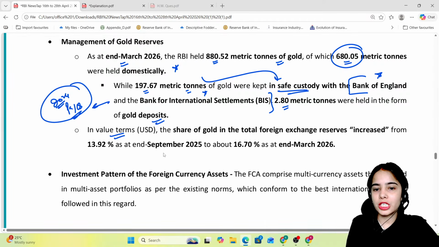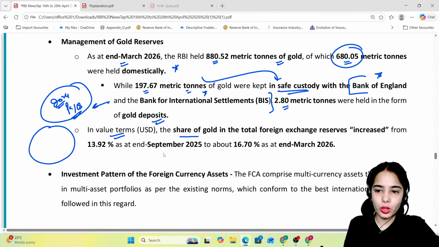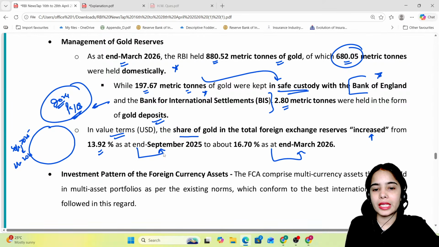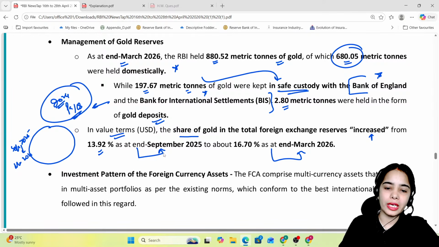In value terms, the share of gold in the total foreign exchange reserves has increased from 13.92% at the end of September 2025 to 16.70% at the end of March 2026. So from September 2025 to March 2026, there is an increase in the share of gold in the total foreign exchange reserves to 16.7%.